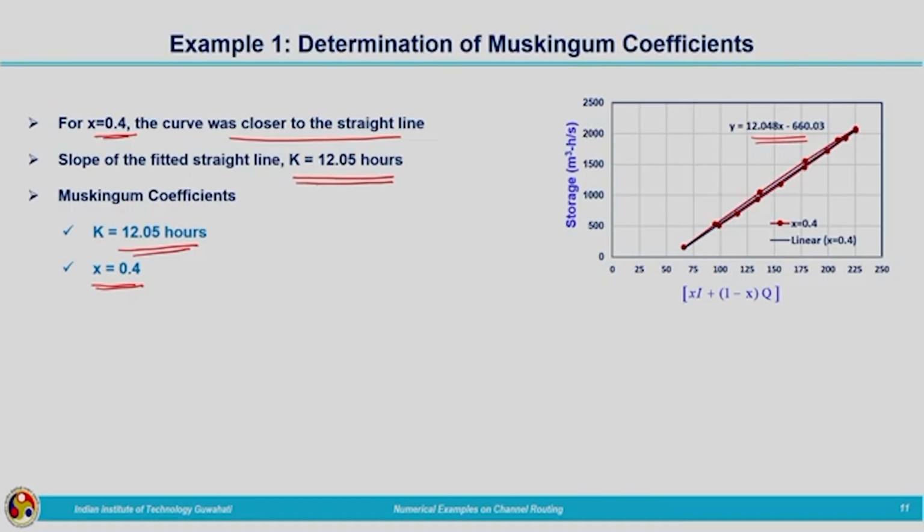That is, we need to assume certain values for x and a curve will be plotted with the storage versus xI plus (1 minus x)Q. We will choose the value of x by observing the graph of S versus xI plus (1 minus x)Q. The graph will be representing a loop.